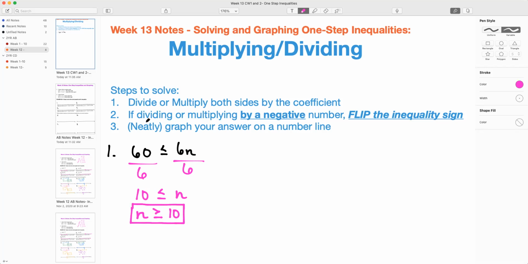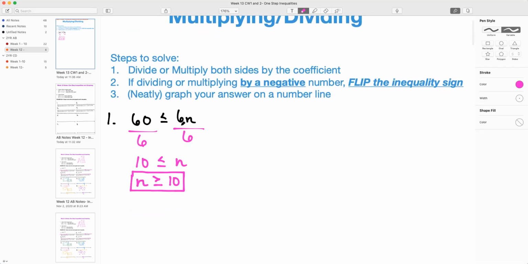Now we're going to have to neatly graph our answer. This second step right here only applies to situations where you're multiplying or dividing by a negative number, and I'll show you what to do in that case. But first we're going to graph. Let's graph this off to the side here. We'll draw a nice straight line, and we'll put 10 on our number line right there.